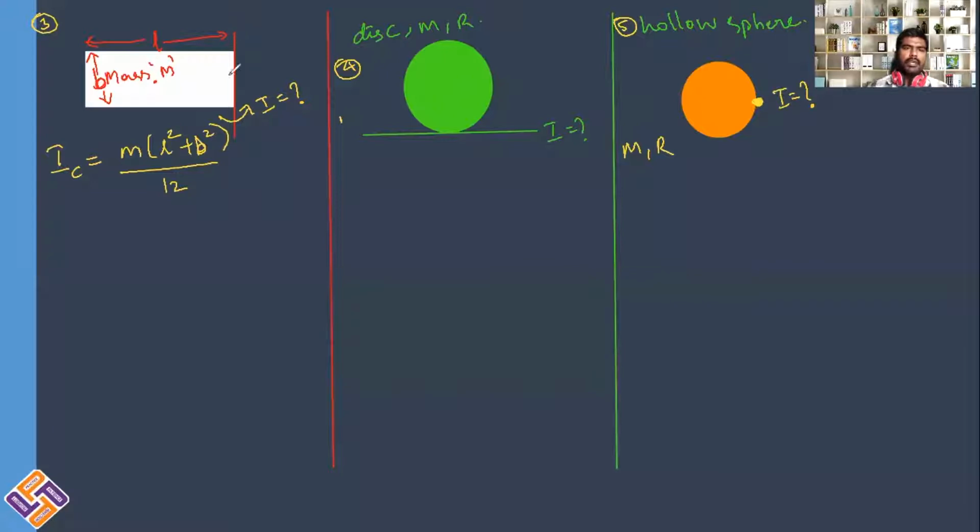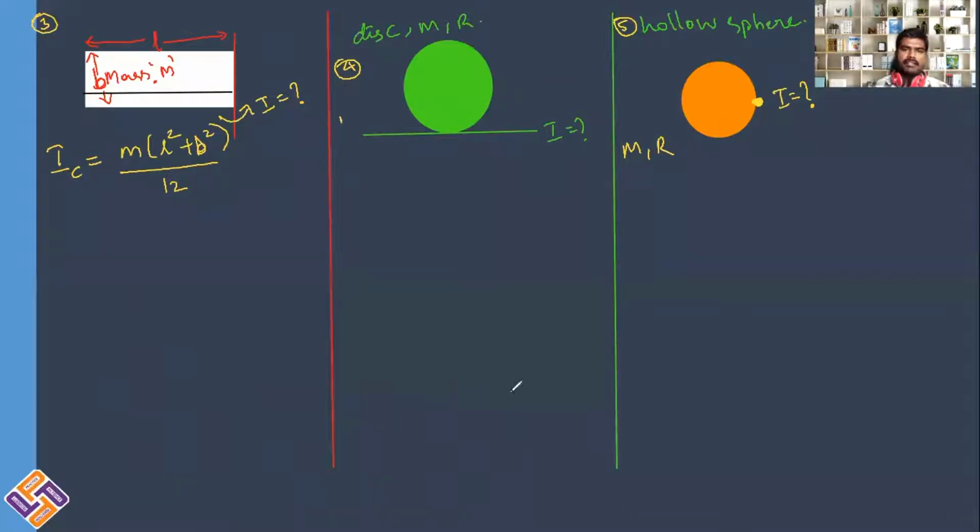This is the axis which is parallel to the plane. So when we are dealing with this axis which is parallel to the plane, you can take a very small element for this axis.